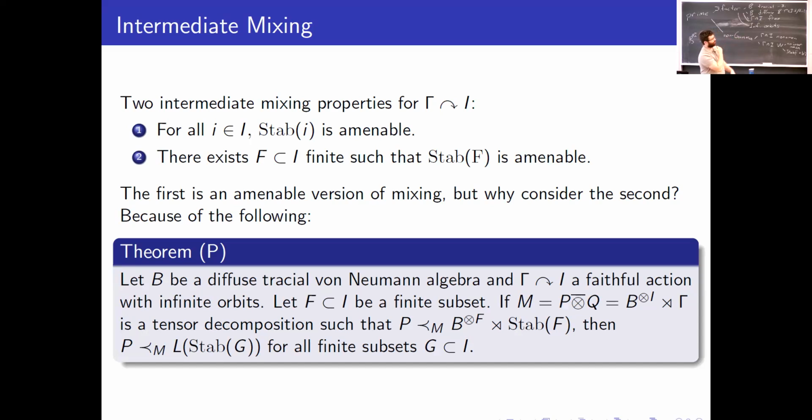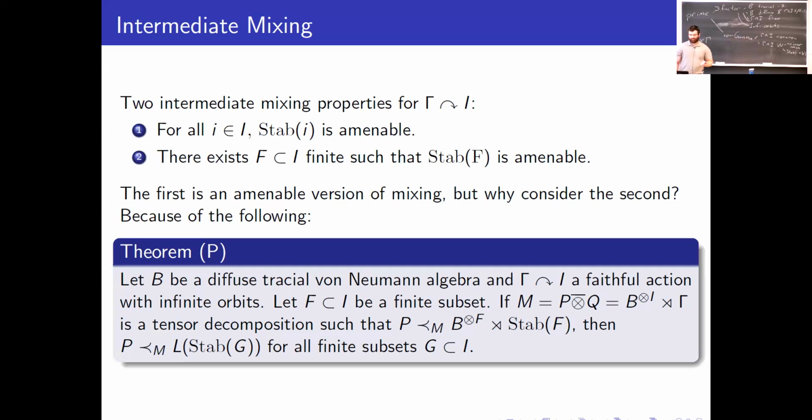If one of your tensor factors intertwines, I'm about to expand on that a little bit, into B to the F cross stab F, then it actually intertwines into all of the L stab G's, as long as G is finite. So then for the second condition, I can say that one of the stab G's is amenable, so then P intertwines into something amenable. All right.